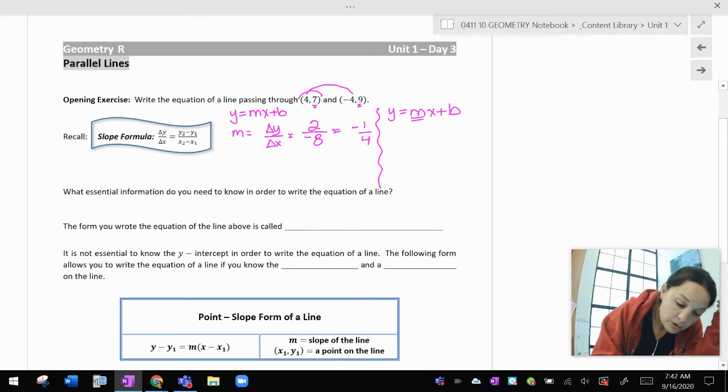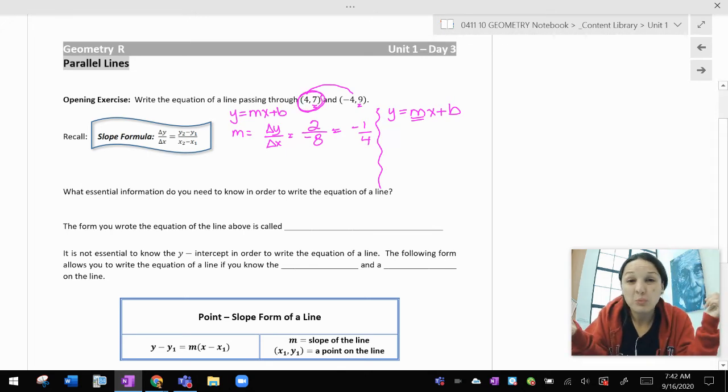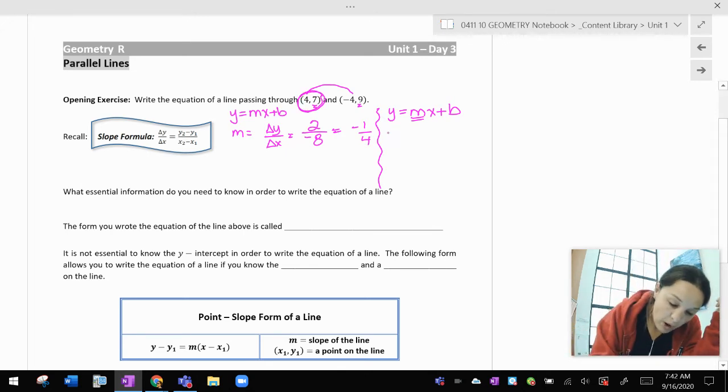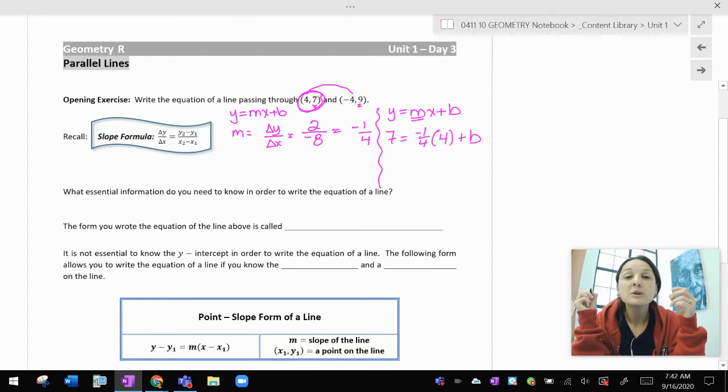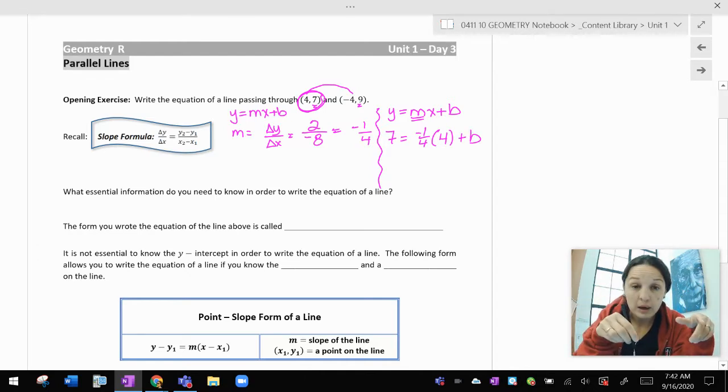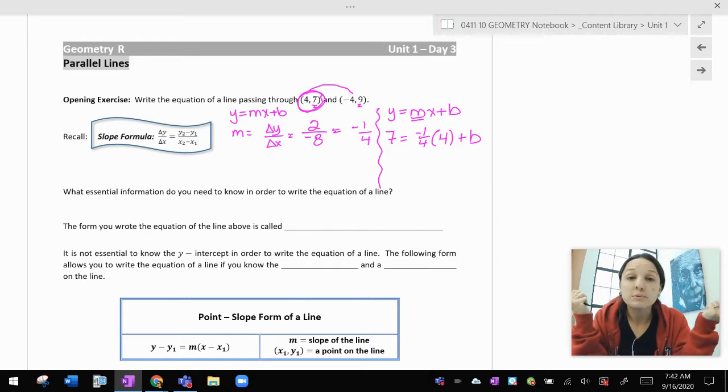So I'm going to use the 4 and the 7, just because they're both positive, and say y is 7, m is -1/4, x is 4, and I'm going to solve for b. Because if I'm going to write the equation of a line, the y and the x should really be the y and the x, the m should be the slope, and then the y-intercept is something I can solve for.